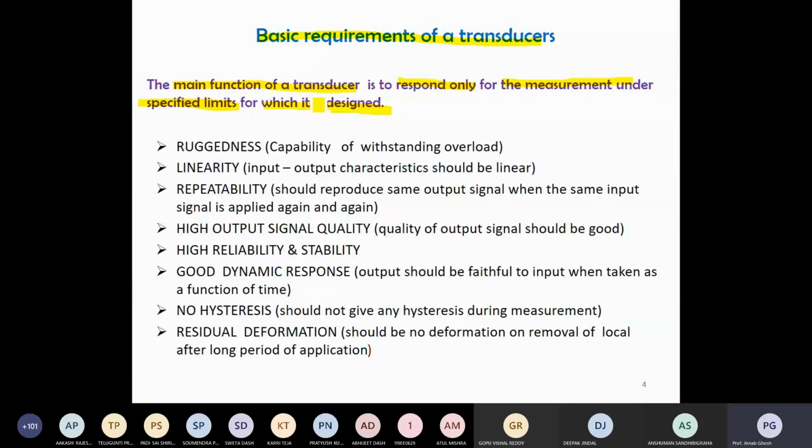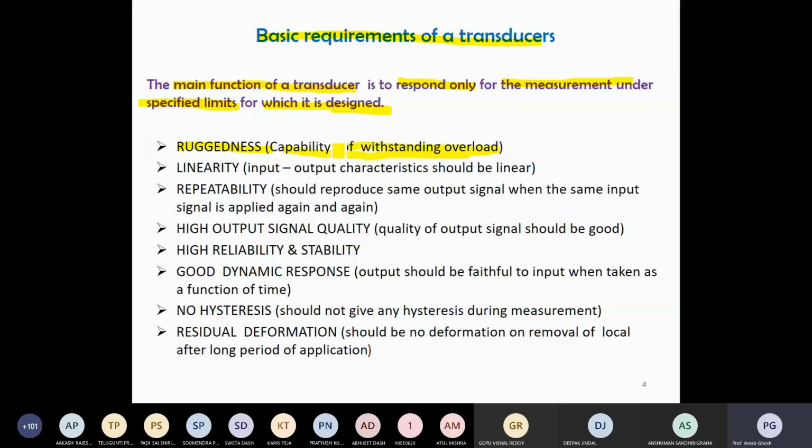So what are the important features? Ruggedness, the capacity for withstanding overload. How much current value it is maintaining, how much amount of current is allowable through this transducer, that you have to select.